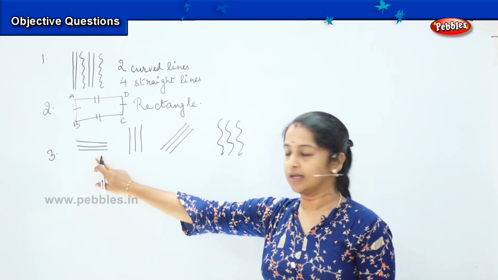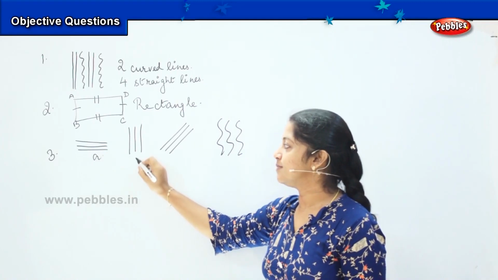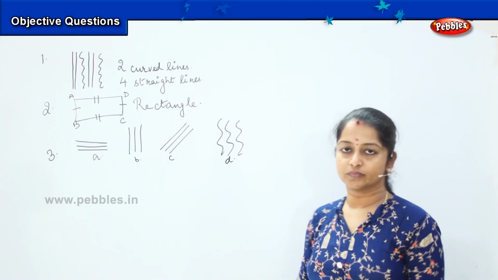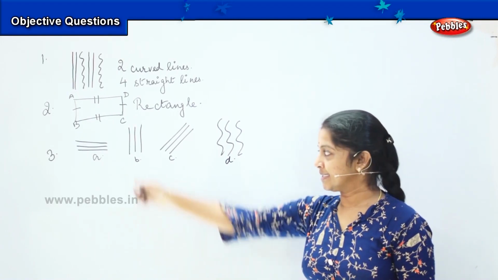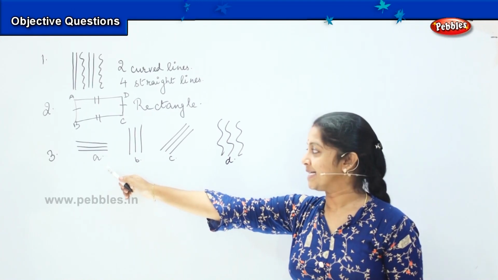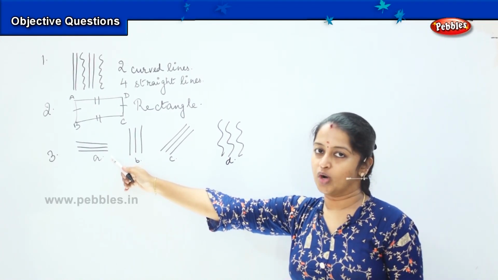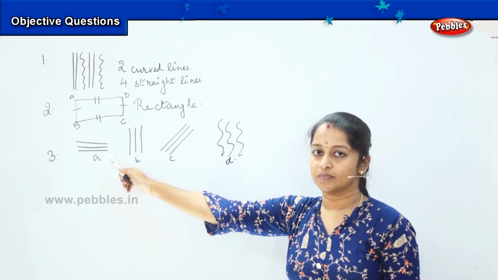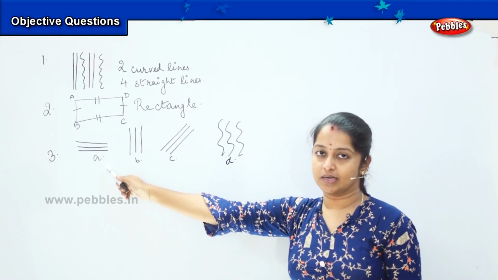Is it A or is it B? Is it C or is it D? Is it A? Is A the slanting line? No, it's a sleeping line. And what did I tell you for sleeping line? What is another name for sleeping line? Correct. It is a horizontal line.